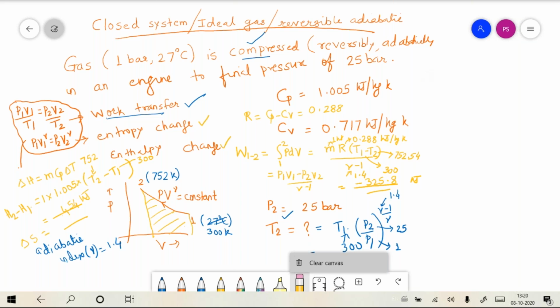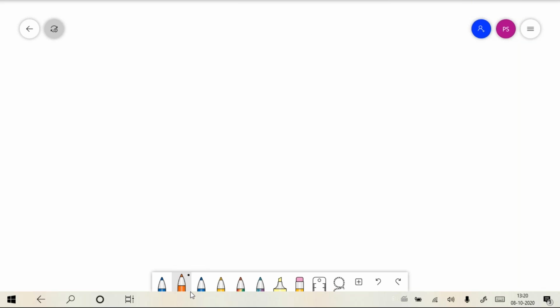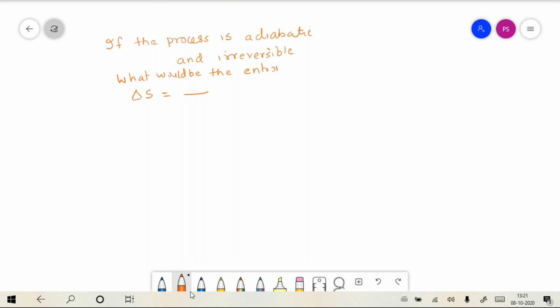If the process is adiabatic and irreversible, what would be the entropy change? Whether the entropy change would be the option A.